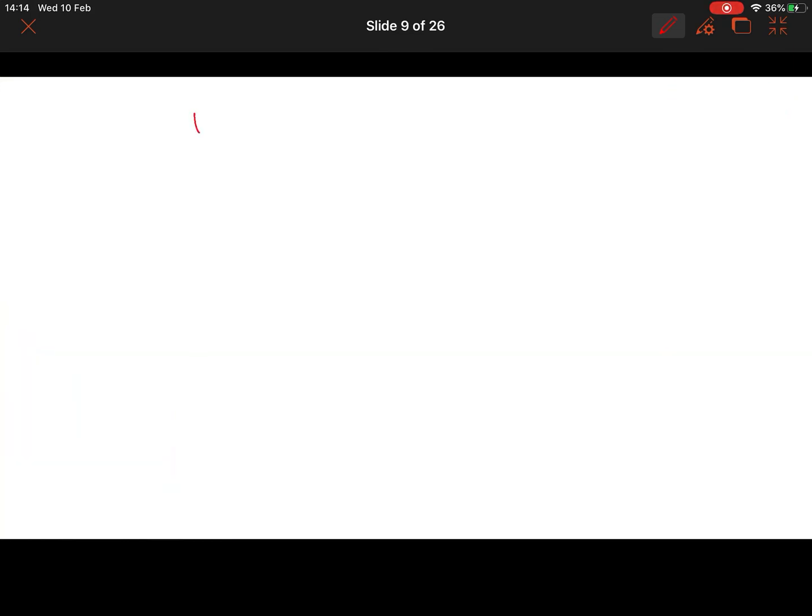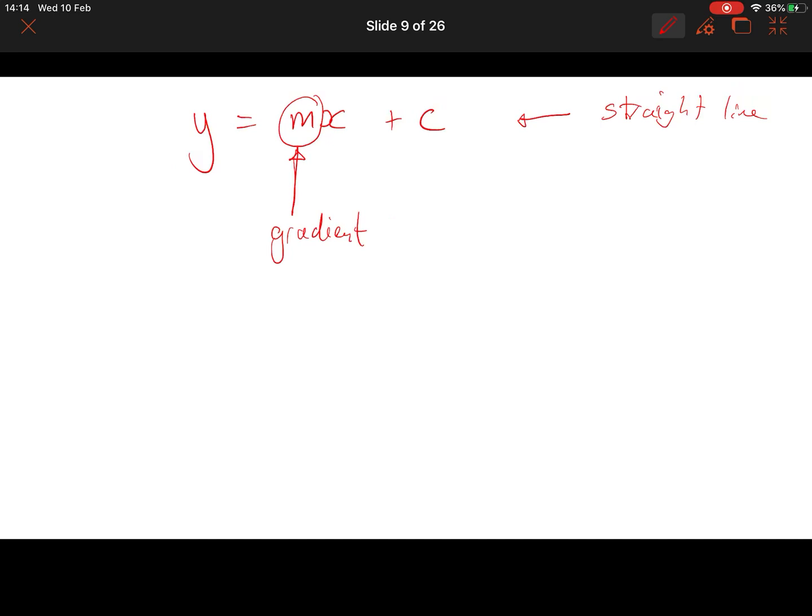So a straight line always has this equation: y equals some amount of x plus something. y equals mx plus c. This is always a straight line, okay? And this value is always the gradient, and this value is always the y-intercept.